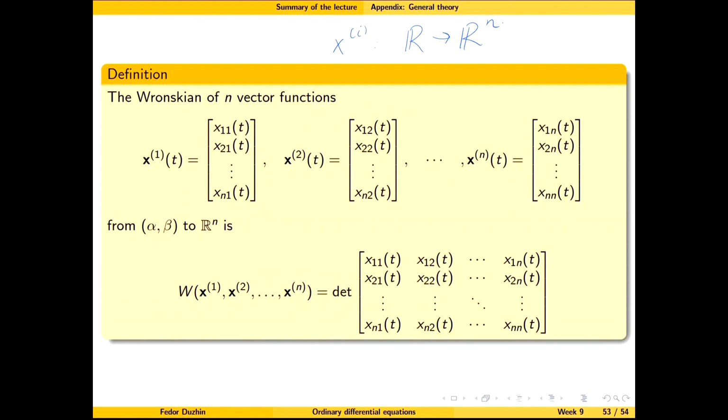By putting all of them together, so that's the first column of the matrix, that's the second column, and so on, that's the last column of the matrix, we can form a big matrix, and its determinant is called the Wronskian. And just like for individual second order differential equations, the Wronskian is 0 if and only if they are linearly dependent. I mean, if these are solutions of a system of differential equations.